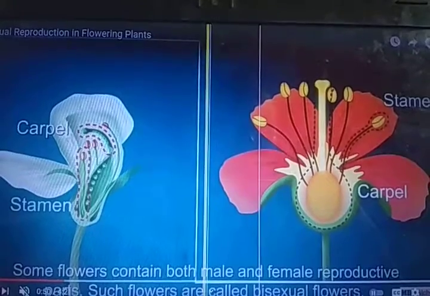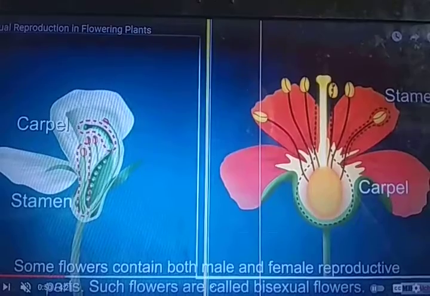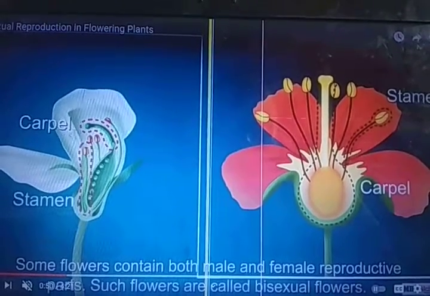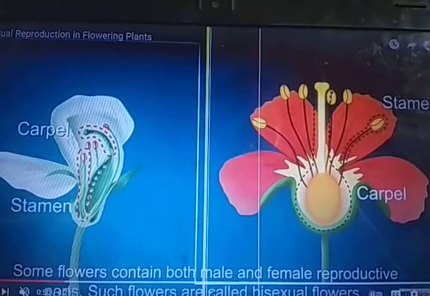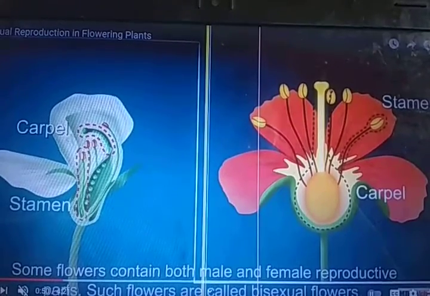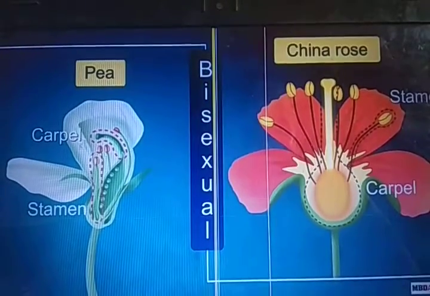Therefore, a flower which contains both male and female reproductive parts is known as a bisexual flower. Bi means two. In other words, a flower which has both carpel and stamen is known as bisexual, for example China rose.